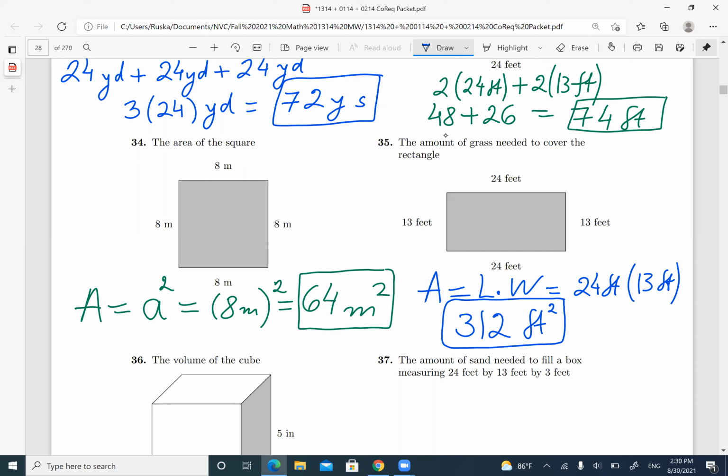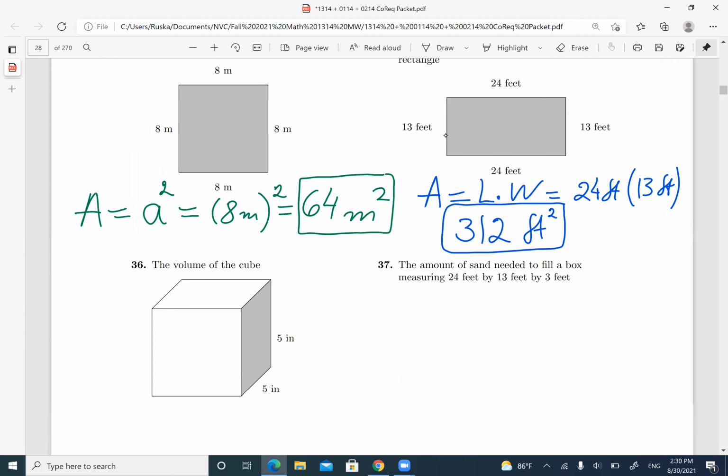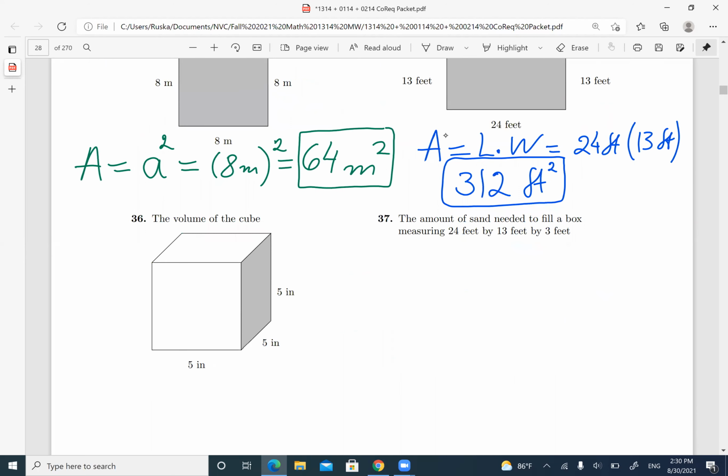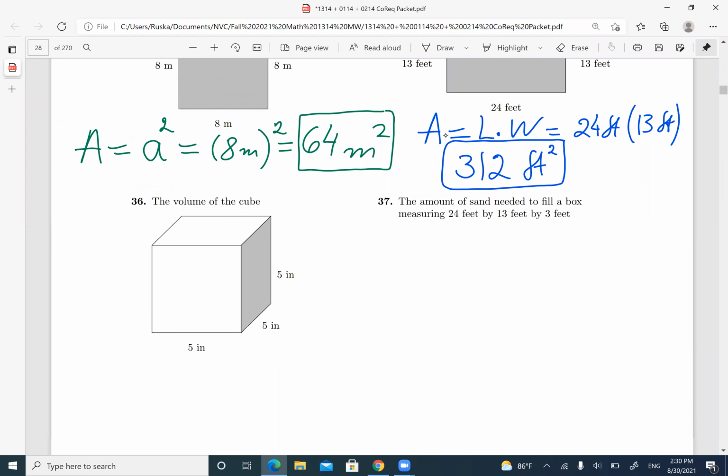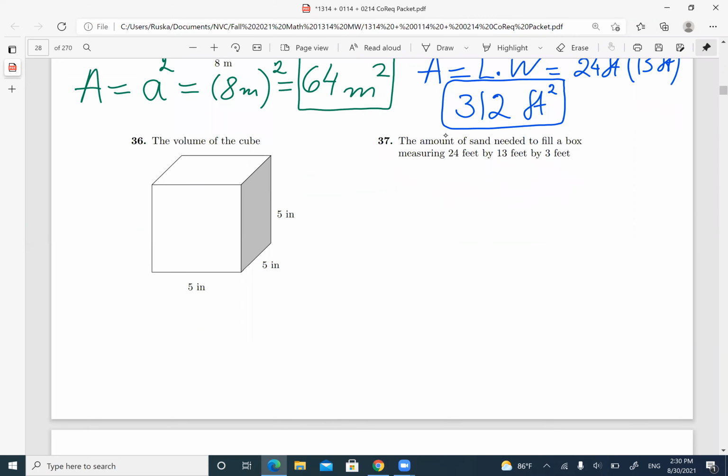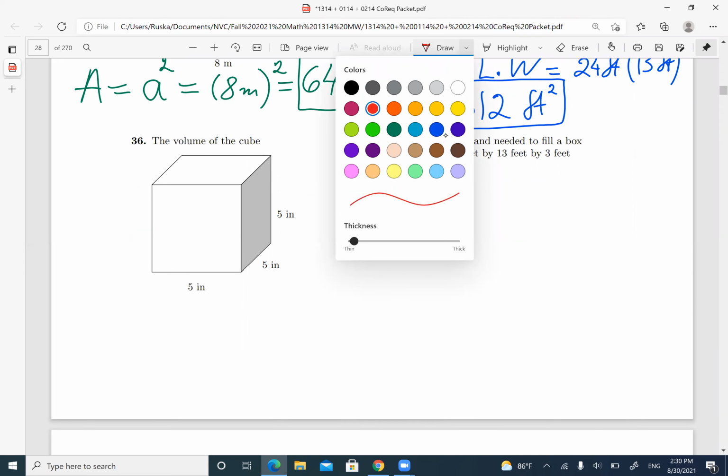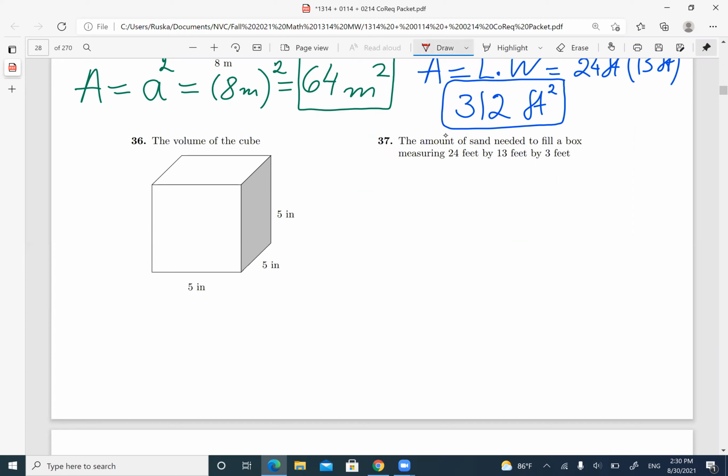Okay? So keep in mind when you have perimeter, it's one unit, keep the unit. When it's an area, it's a square of the unit. And when you have a volume, what do you think it's going to be? Volume equals length times width times height. Yes, that's correct. That's the formula to find the volume. So the volume of this cube is going to be length times width times height.